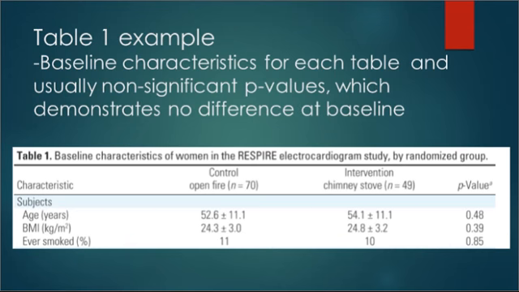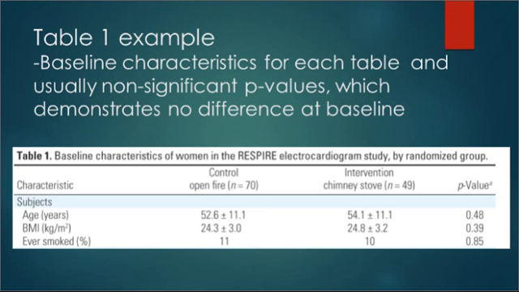This is an example of Table 1 where we're looking at the baseline characteristics of age, BMI, and percent of people that ever smoked. When we look at the control and the intervention, what we see is that those 3 baseline characteristics are approximately the same. And our p-value is not statistically significant.